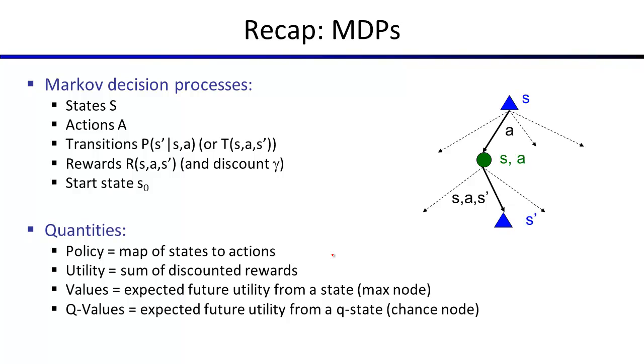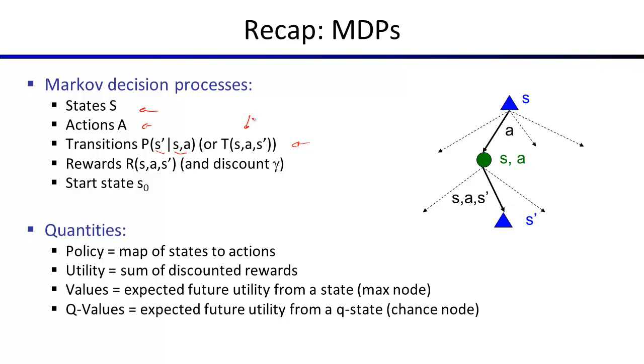In terms of terminology, just like in search, we had states, we had actions, we had a successor function in search. Now it's a transition model that can be stochastic. P(s' | s, a) is the probability of landing in state s', given you were in state s and took action a. We also write it this way as T(s, a, s').